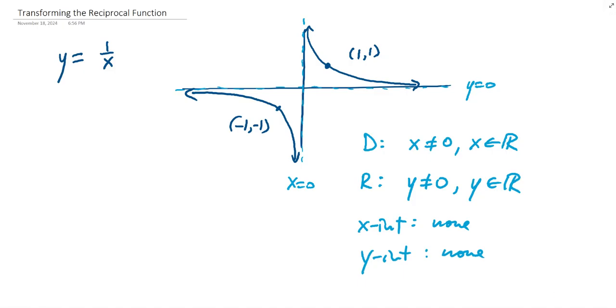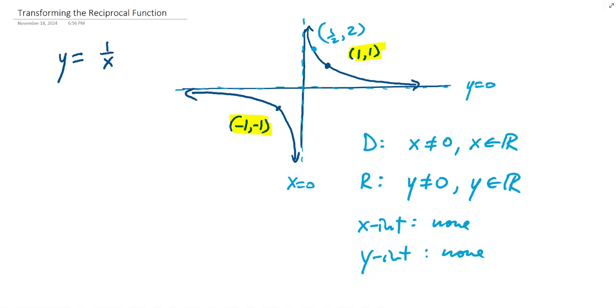Now, what we want to be able to do is apply transformations to reciprocal functions and see where these critical points, (1, 1) and (-1, -1), will move to. And of course, there are other critical points as well. If we wanted to keep track of more than just those 2 points, we could look, for example, at (1/2, 2).